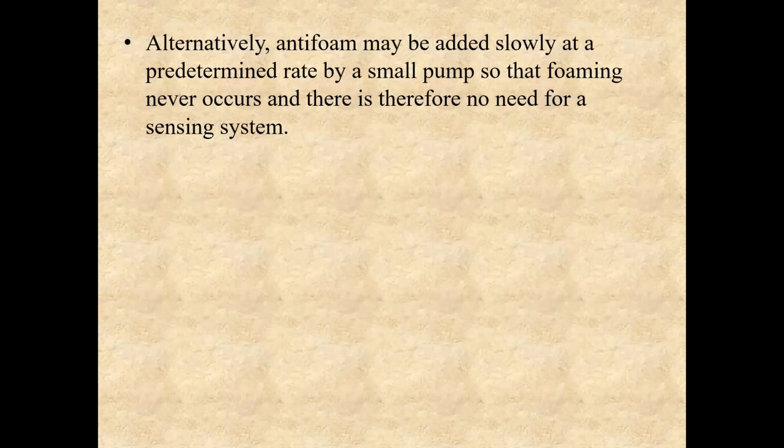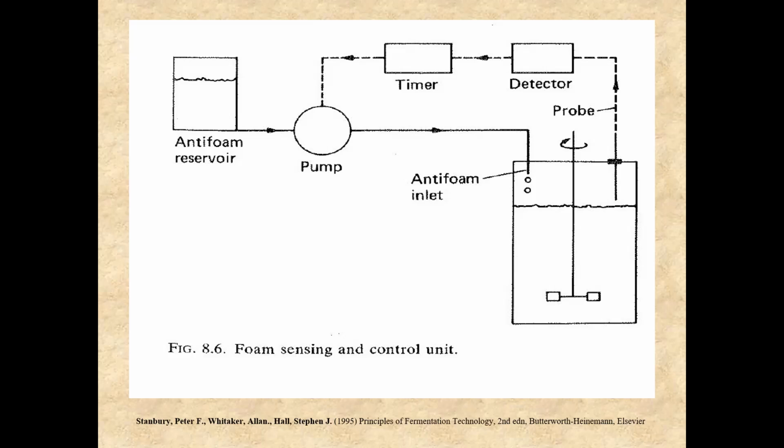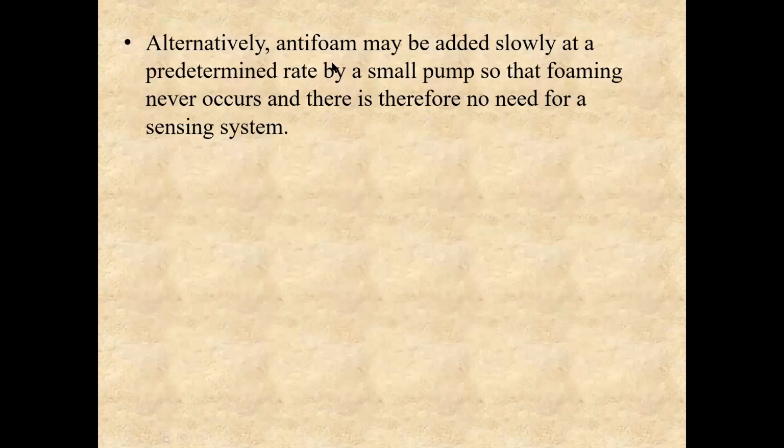So rather than using this automated system, you don't wait for the foaming to occur. The antifoam is added slowly at a predetermined rate via a small pump or valve into the fermenter continuously so that the foaming never occurs and there is no need for a sensing system.